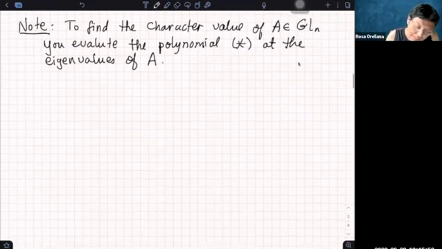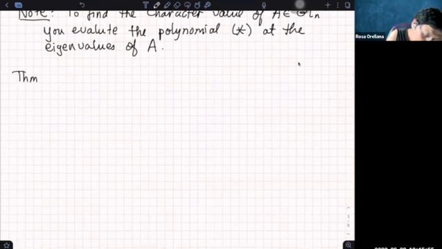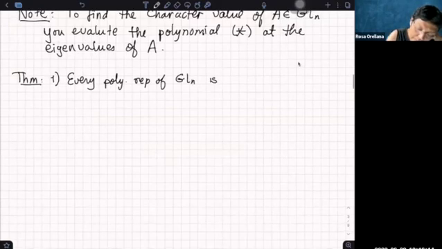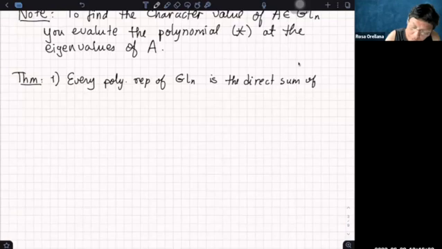So there is this big theorem that I'm going to record here, the theorem about representations of the general linear group. One: every polynomial representation of GLn is the direct sum of irreducibles, so you can always decompose them into irreducibles. We are going to be using these facts a lot, so I just want to keep track of them.